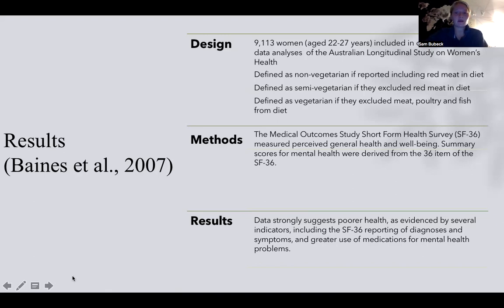Summary scores for mental health were derived from 36 items of the SF-36. And results found data strongly suggests poorer health as evidenced by several indicators, including the SF-36, reporting of diagnoses and symptoms, and greater use of medications for mental health problems. So it had a negative outcome.